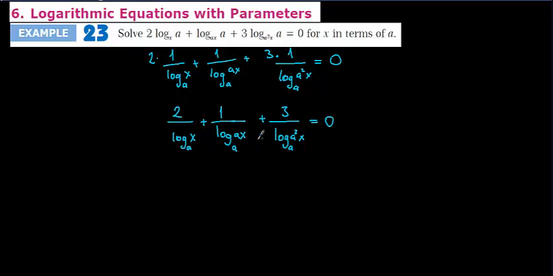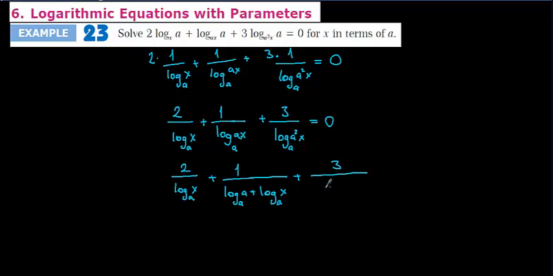Here, if I separate them, this is going to be equal to 2 over logarithm base a of x plus, to separate means these are in multiplication form, that's why it's going to be equal to 1 over logarithm base a plus logarithm base a of x, plus 3 over logarithm base a square plus logarithm base a of x.